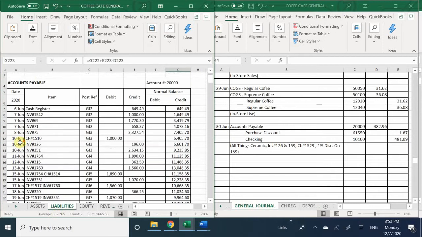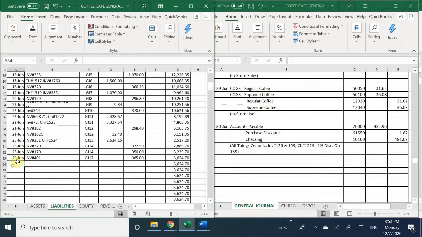All the way up here under liabilities, and for the 30th, we will note invoice numbers 126 and 159. General journal 18. And the debit column is going to be the 482.96, bringing that total to $3,141.74. Good.